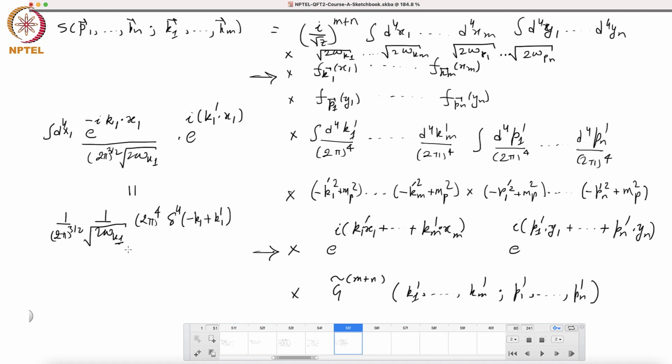And you will get similar factors for each of the xi. For example, for x2 I will have exactly the same thing with omega k1 replaced by omega k2, and this will have delta 4 of minus k2 plus k2 prime. So, we have taken care of the integrals over x1. I will write down on the next sheet.